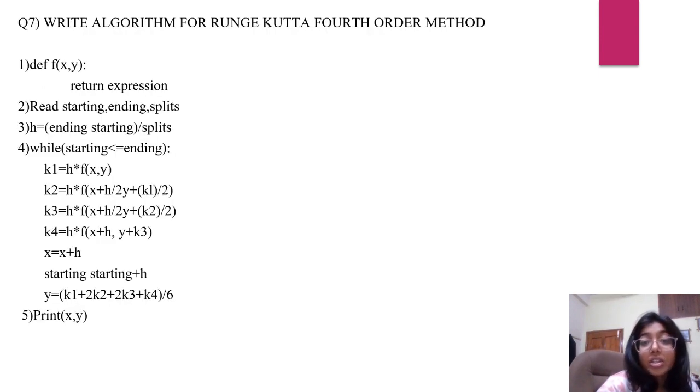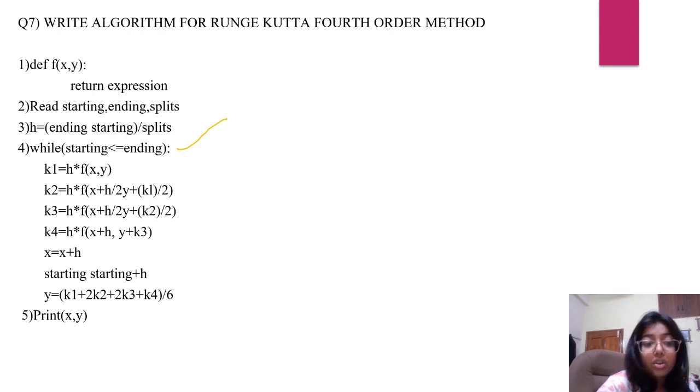Then algorithm for Runge-Kutta fourth order method. First we define f of x comma y. Then we read starting, ending and splits. h is equal to (ending minus starting) upon splits, while starting is less than or equal to ending.